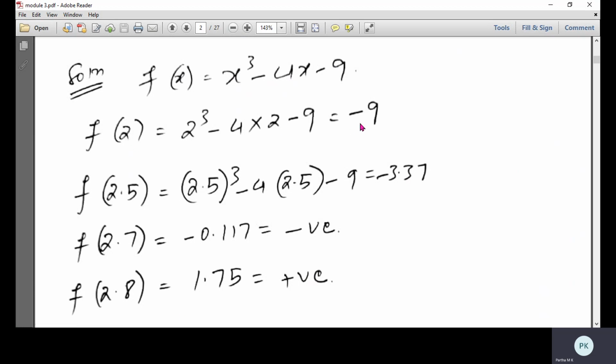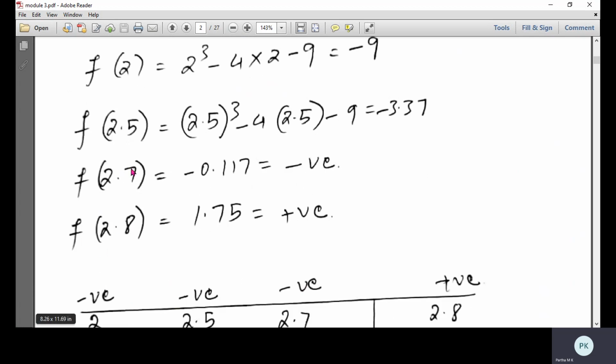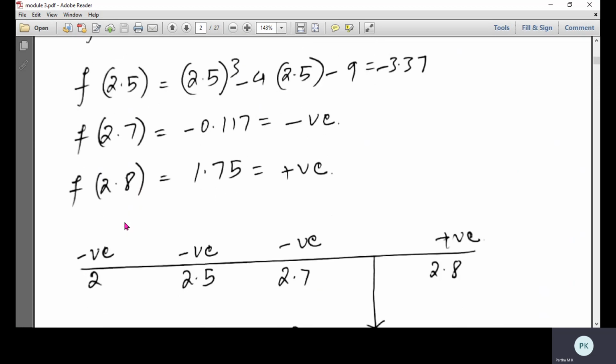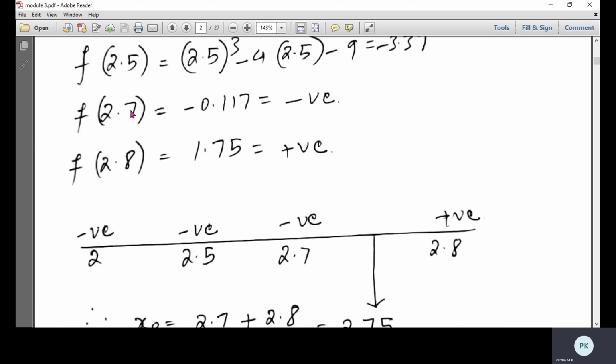For 2 negative, for 2.5 negative, so don't consider these. For 2.7 negative, for 2.8 positive. So choose the smallest interval, 2.7, 2.8. Clearly observe here, 2.7 negative, 2.8 positive.